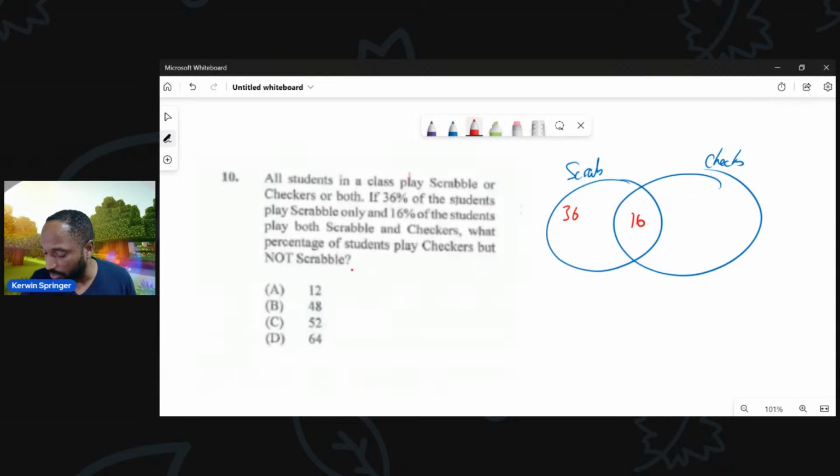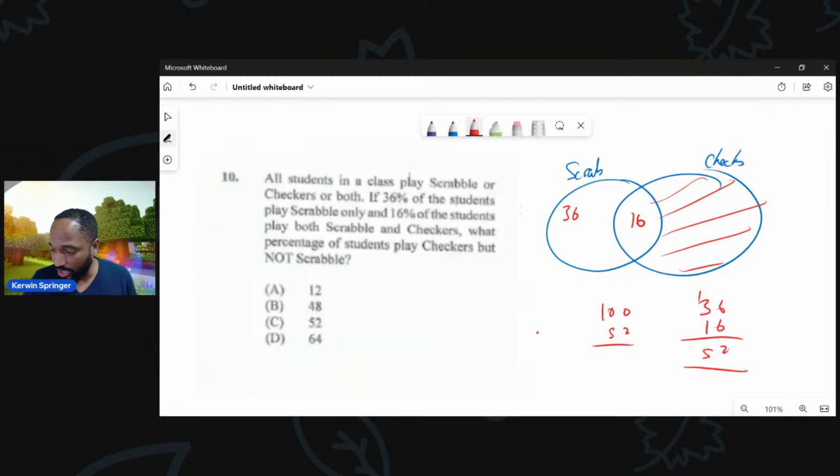What percentage of the students play checkers but not Scrabble? So they're looking for this piece here. That is as simple as adding up. 36 and 16 is 52, and when I subtract that from 100, I get 48. What do you think? Think about that question.